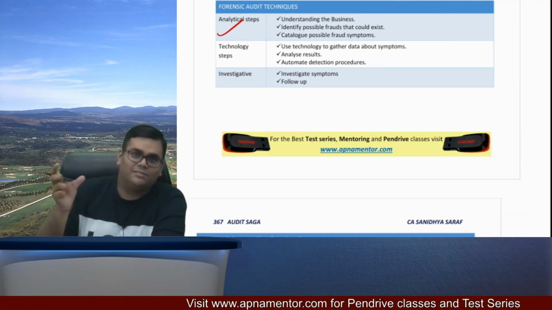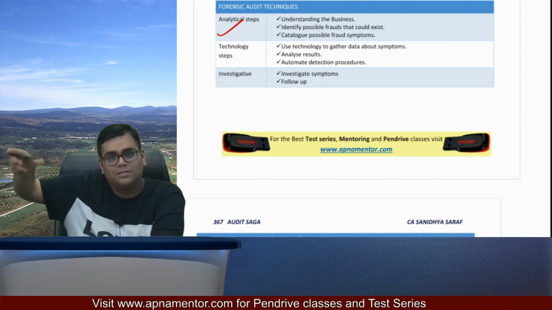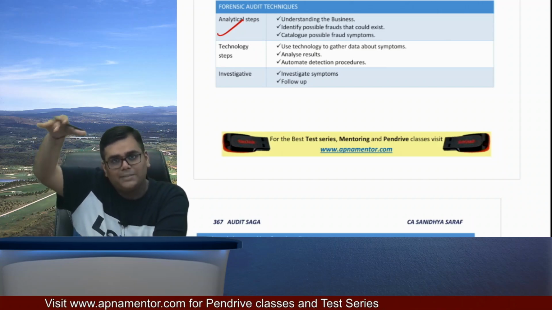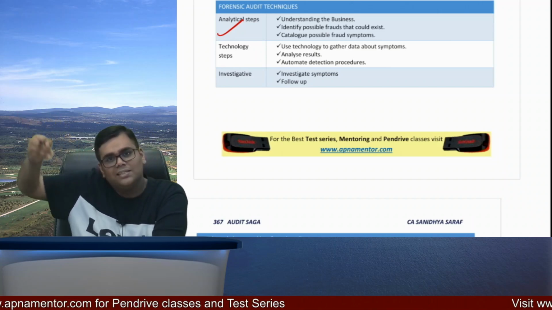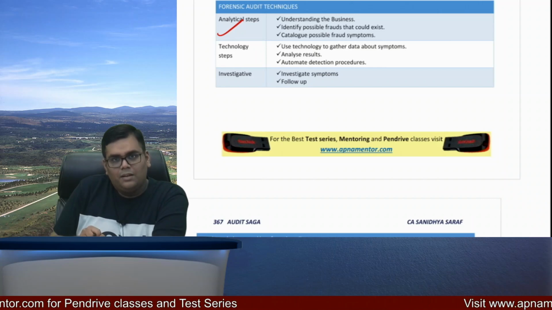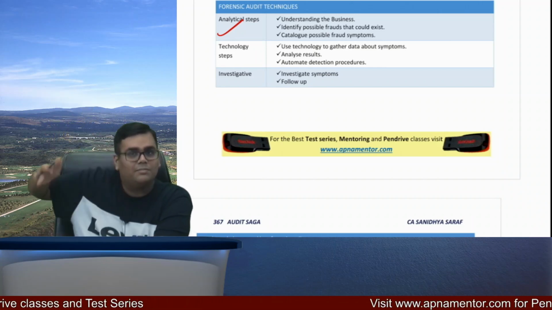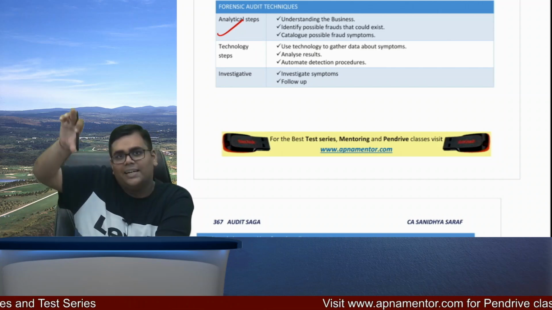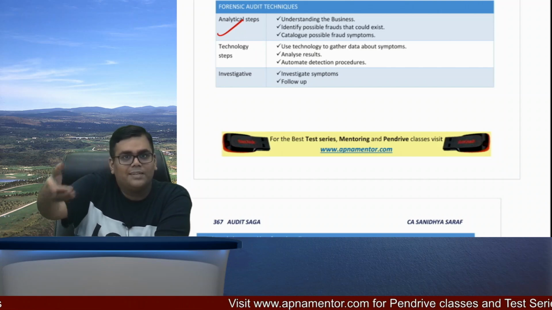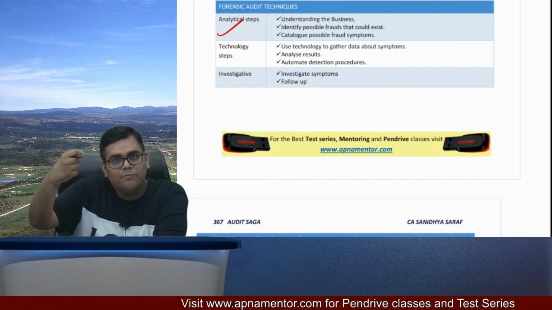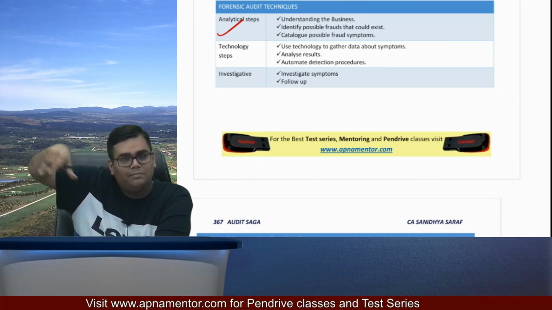So the government hacker hacked the entire national information system, that complete website, that complete page where the list of all Indian citizens is available. And then they analyze results, that as per the population, how the terrorist is identifying the population and killing people. And then automated procedures were set up, so that as and when someone tries to hack that system and filter out the names, they will get to know.